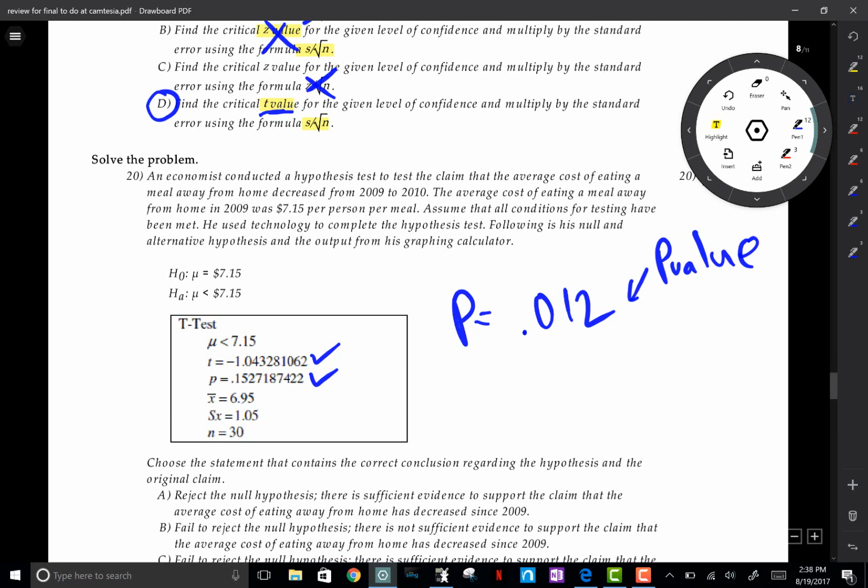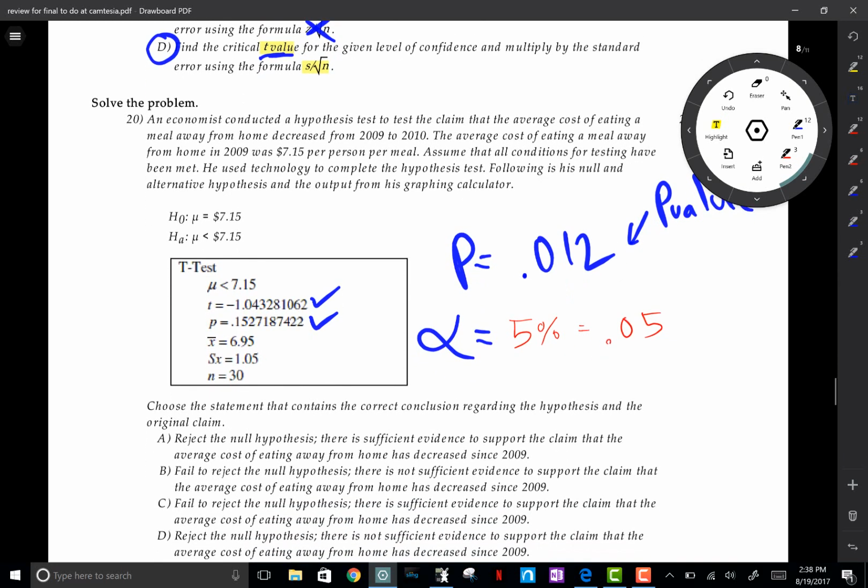We want to go back and see if there's a significance level or alpha. There actually is no alpha, so we automatically assume alpha is 5% or 0.05. Anytime alpha is not given to you, we just assume that alpha is equal to 5% or 0.05.